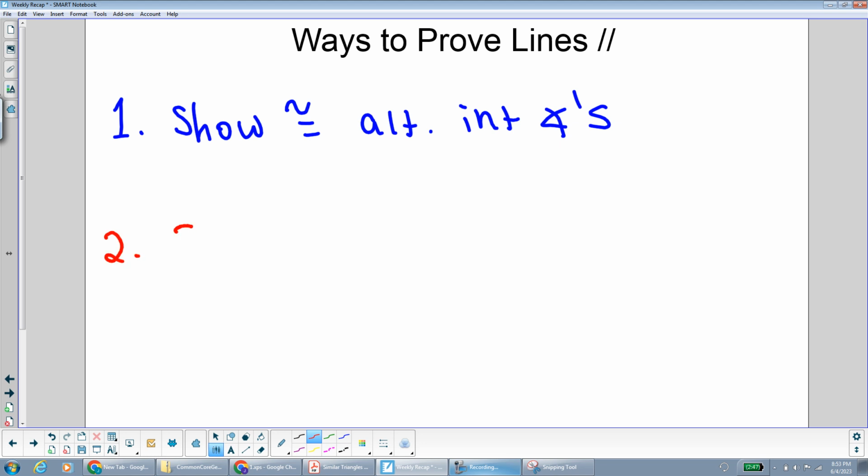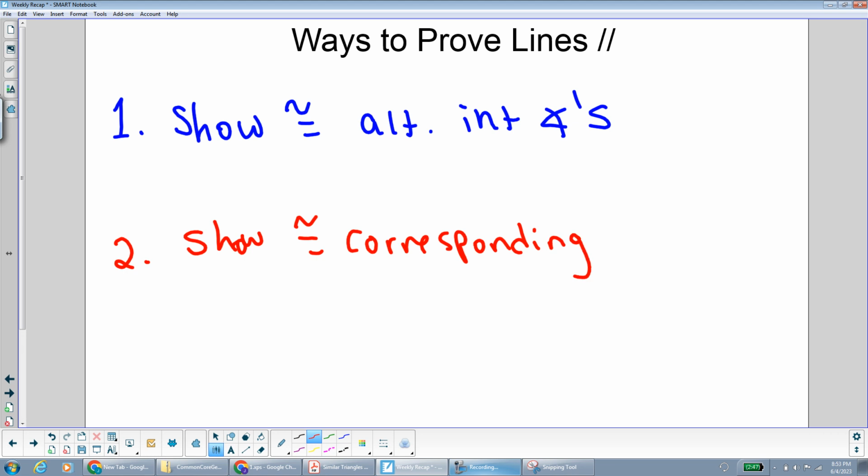Number two, show that you have congruent corresponding angles. These are the ways that come up the most often. So depending on your question, whether you have alternate interior angles or corresponding angles, if you can show that they're congruent, that will prove that the lines that you want to be parallel are in fact parallel to each other.